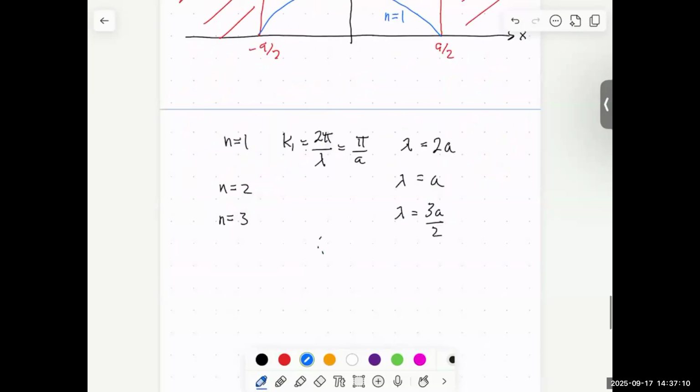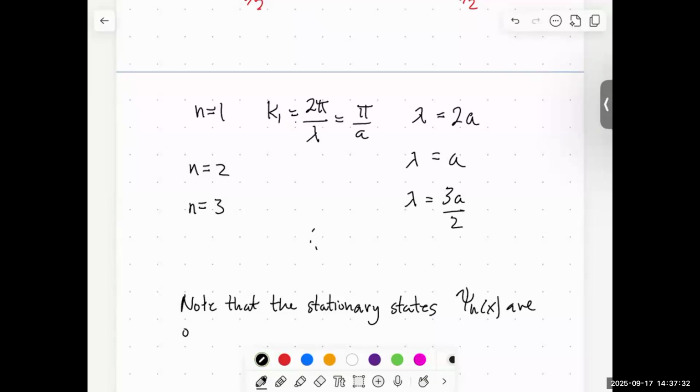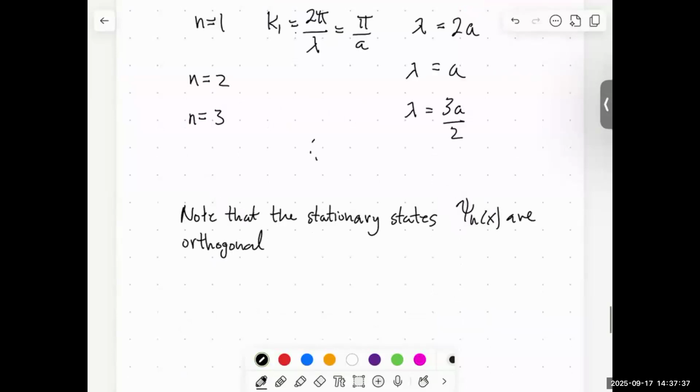Those are the solutions. Let's look at some of the properties of these solutions. So let's note that the stationary states phi n of x, these are our separable solutions, are orthogonal. I alluded to this, I think, in the last class. Well, in fact, I'm not going to prove it. I'm going to show you how you can prove it.